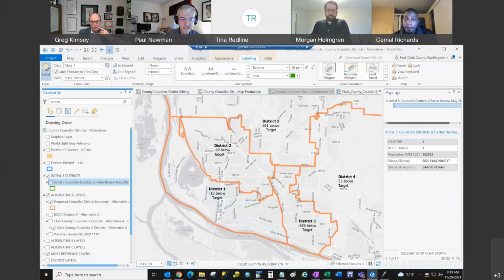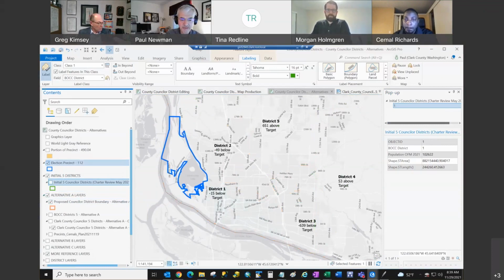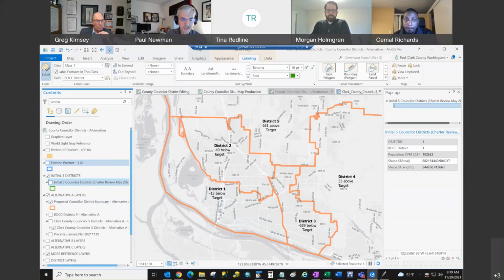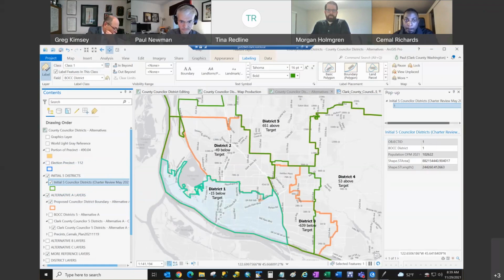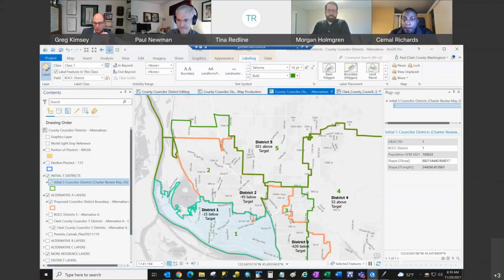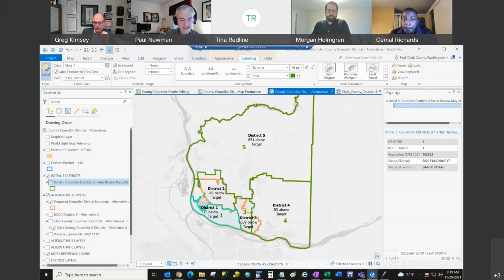Now, of course, if we had kept the boundary along the south edge of the shore, because that's a natural feature, that would have been reasonable to keep, but it just provides a nice example of looking at the scores.